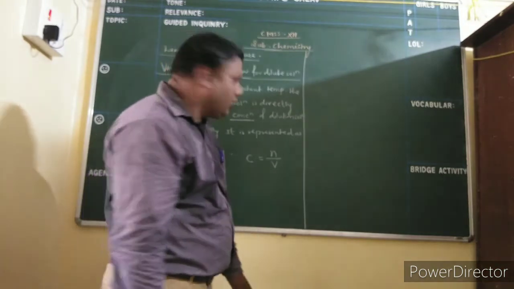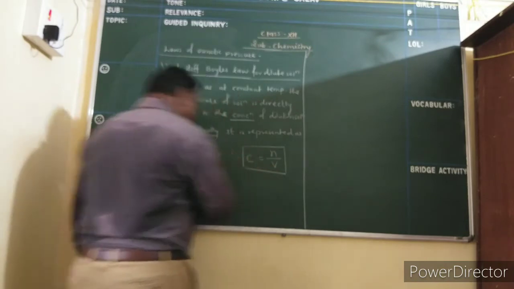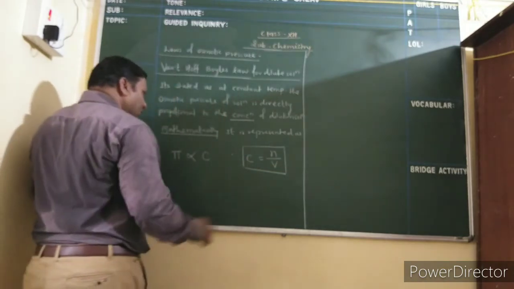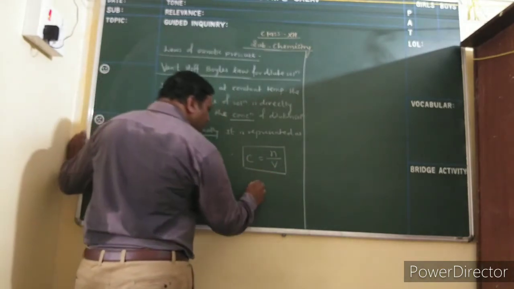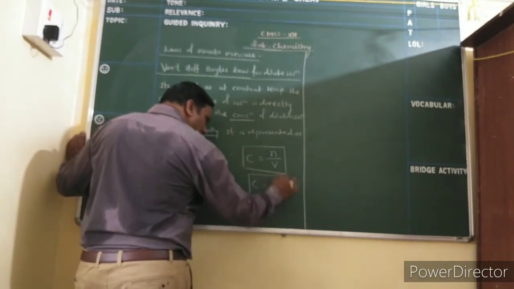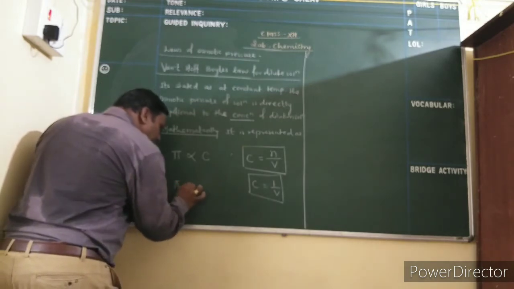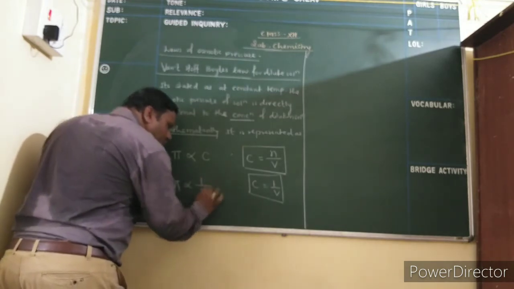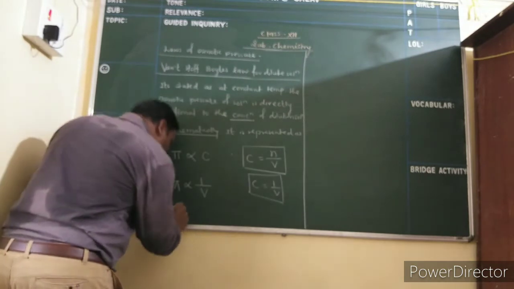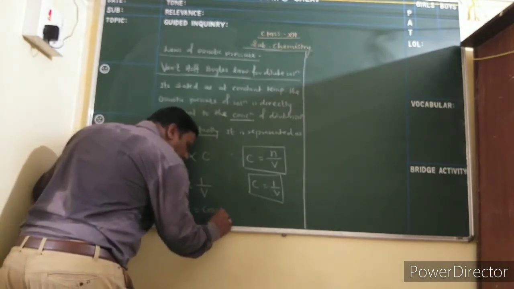Number of moles upon volume. Understood? So here also we can write C is equal to 1 by V, if we consider the value of n as 1. Then pi is inversely proportional to volume. So what will happen? Pi V is equal to constant.